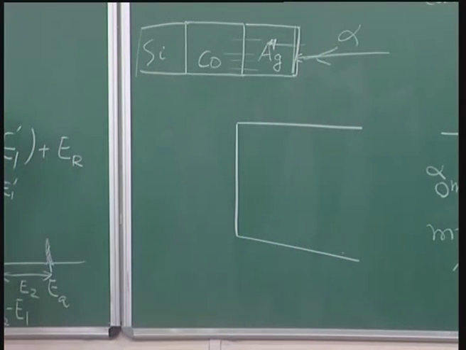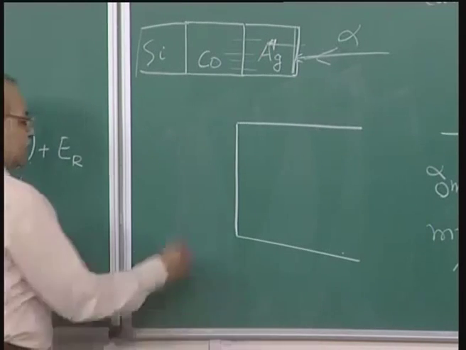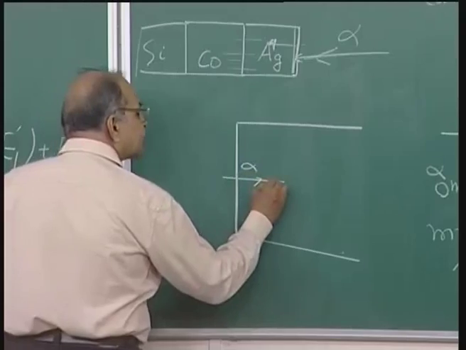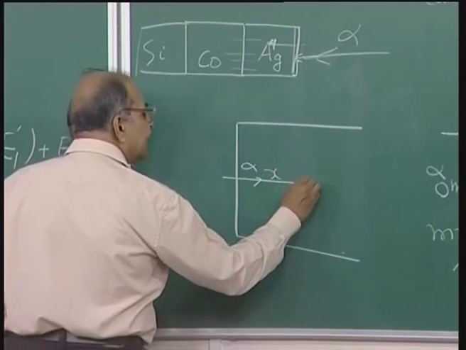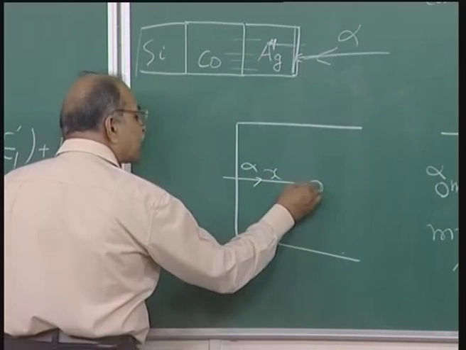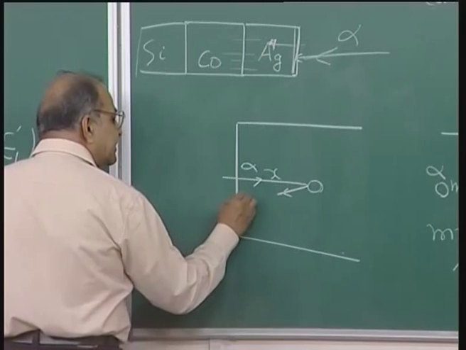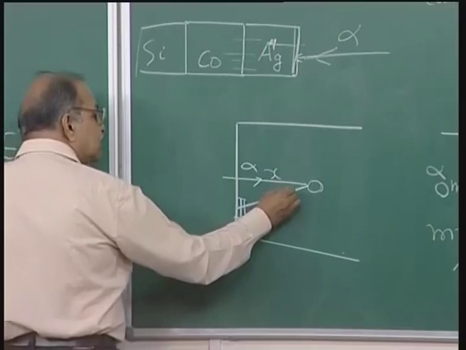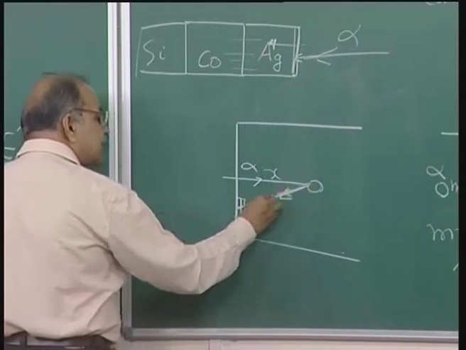So, I am making an exaggerated figure. Suppose this alpha particle gets in, and at a certain depth x it encounters this collision, and then from here it comes back, and here is the detector. So, how much is this distance?